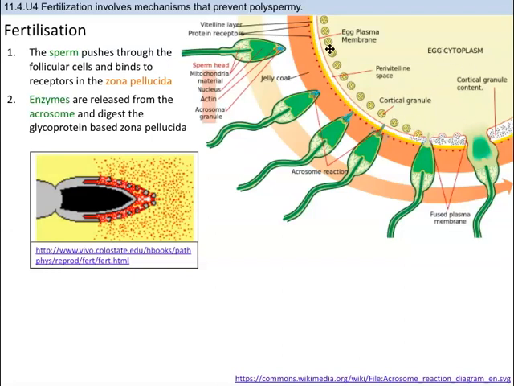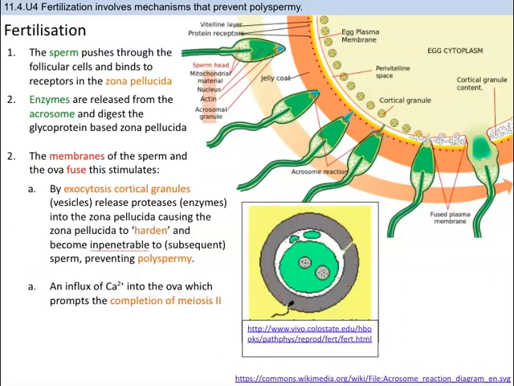Remember that there are these cortical granules that are doing something here as well. They're going to be ejected into the zona pellucida through exocytosis, and they're going to be hardening the zona pellucida. Why are they hardening the zona pellucida? To prevent polyspermy. We only want one sperm to be entering the egg at a time.